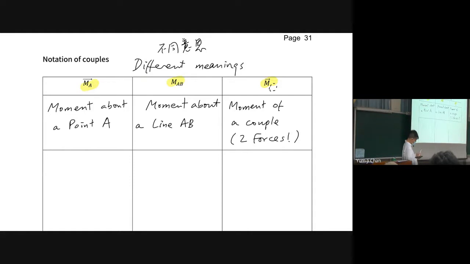Oh, sorry. If you want to make it clearer, MAB is the moment of a force about line AB.